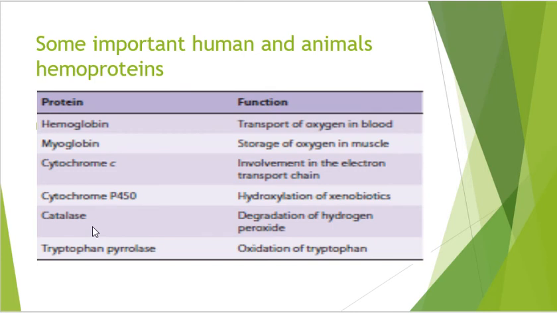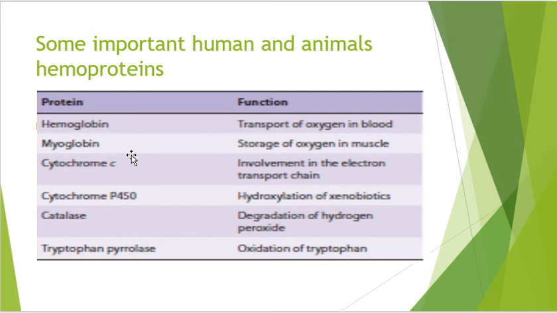Some examples of important heme proteins are hemoglobin, myoglobin, cytochrome C, cytochrome P450, catalase, and tryptophan pyrrolase. Hemoglobin has the function of transporting oxygen in the blood, while myoglobin stores oxygen in the muscles.